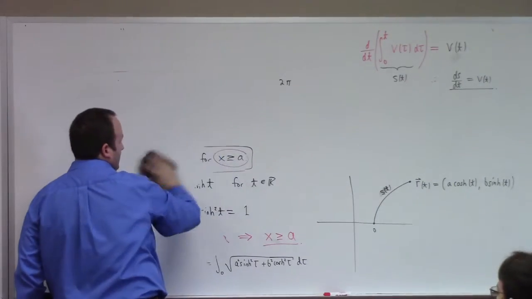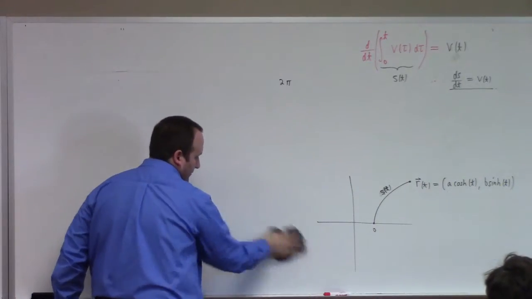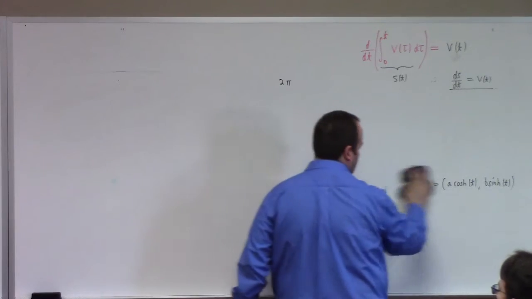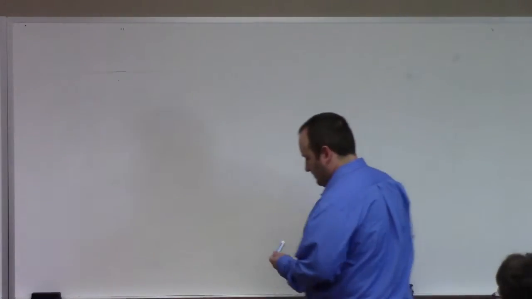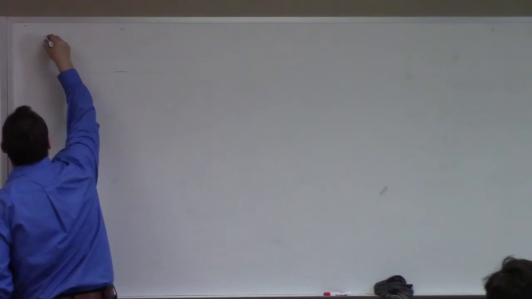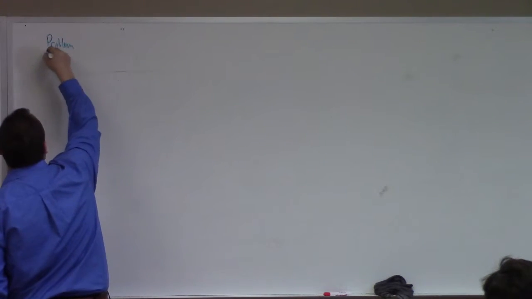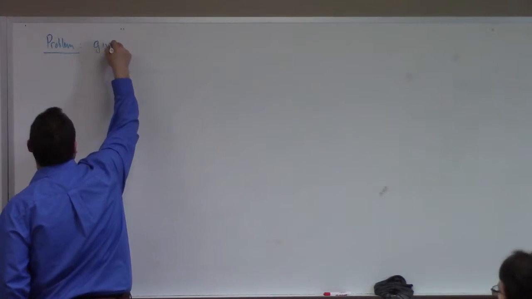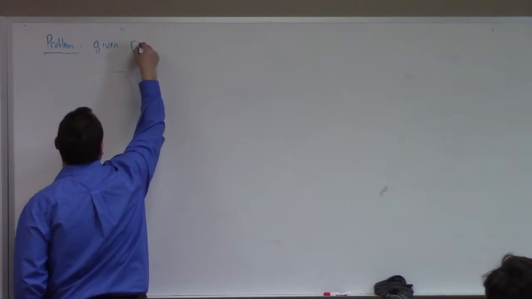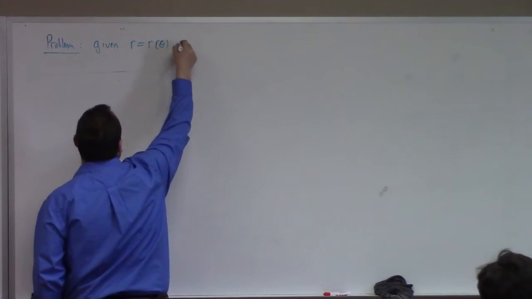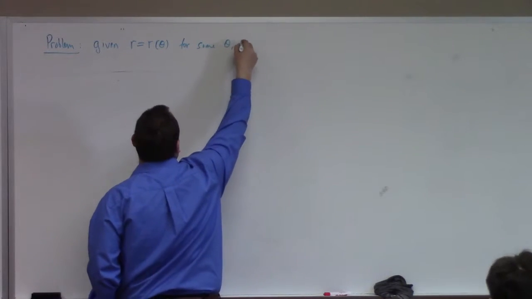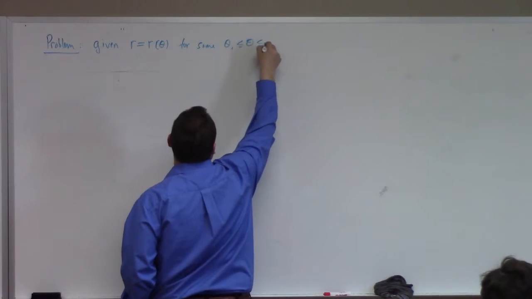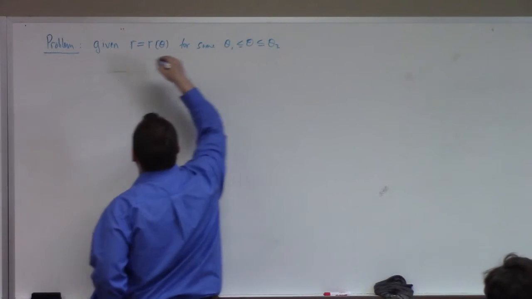Suppose you're given a curve where r is a function of theta over some range of theta. Given r equals r of theta for some, say, theta 1 less than or equal to theta less than or equal to theta 2, find the arc length.